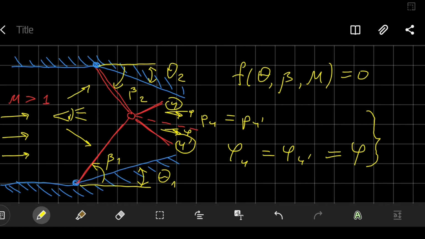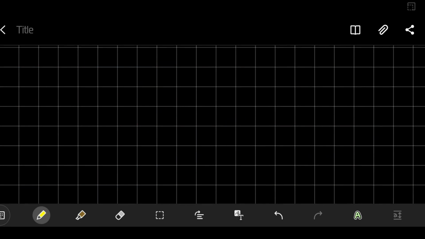Answering the second question, why the expansion waves are isentropic, we can reference several publications on this topic. First of all, visualizing the expansion fan, we will see the following picture.